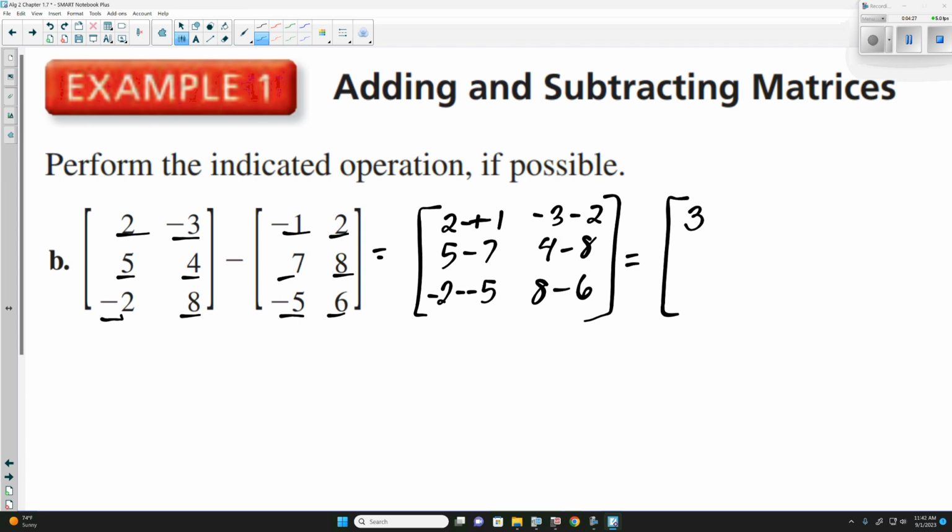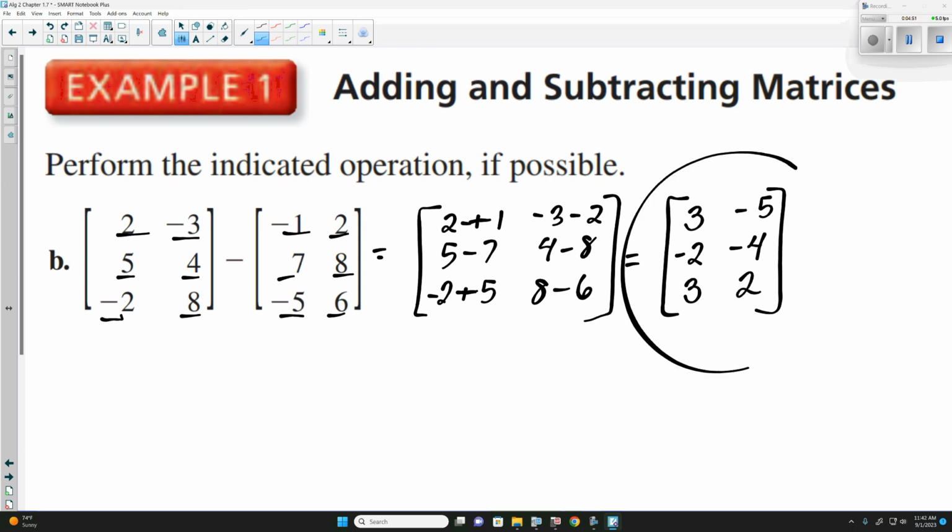Negative 3 minus 2 is negative 5. 5 minus 7 is negative 2. 4 minus 8 is negative 4. Negative 2 minus negative 5, well, the negative would make a plus, and negative 2 plus 5 is 3. And lastly, 8 minus 6 is 2. That's it.